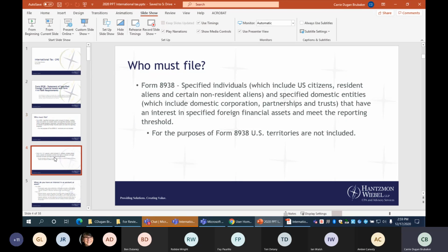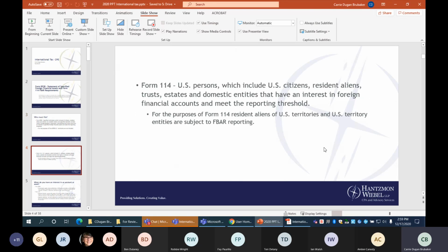The thresholds for those filing, and then for the Form 114, that's filed by U.S. citizens, resident aliens, trusts, estates, and domestic entities that have an interest in foreign financial accounts and meet the reporting thresholds.